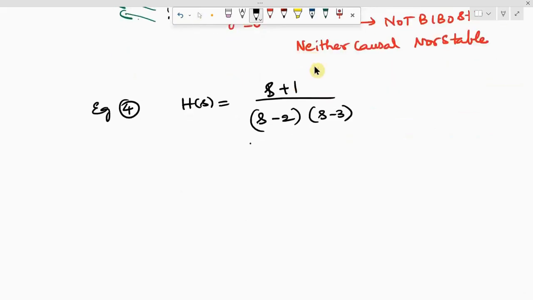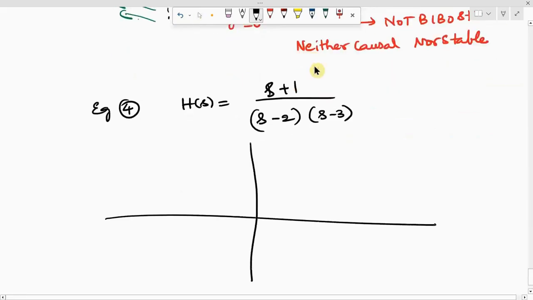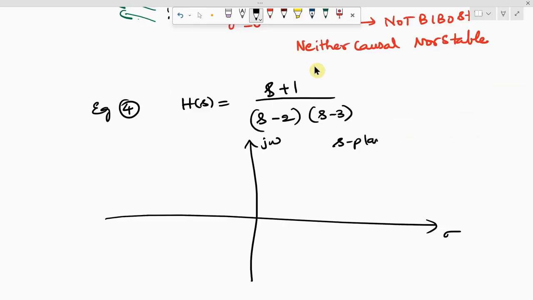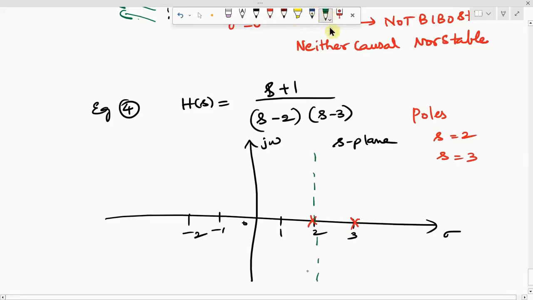And for this transfer function, this ROC is given, what I'm drawing now. Poles are s equal to 2 and s equal to 3. Now what I'm representing here is that the ROC is left of the leftmost pole.